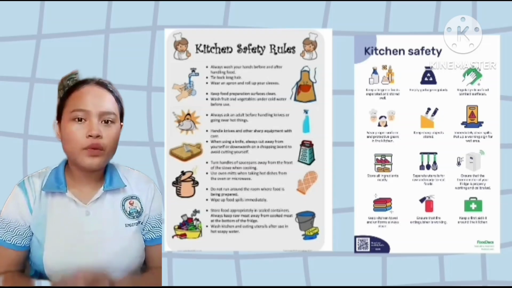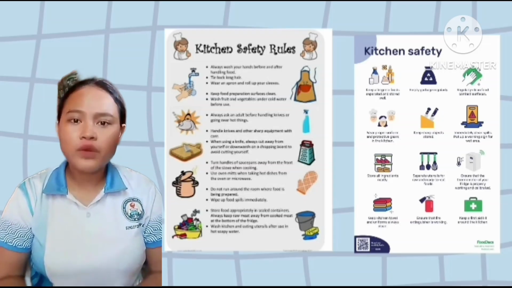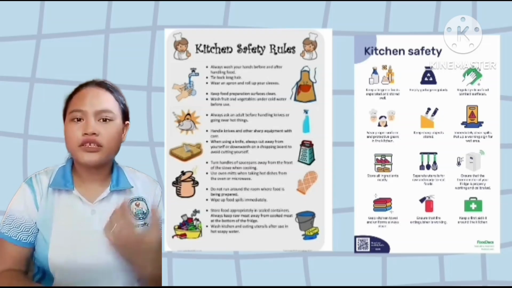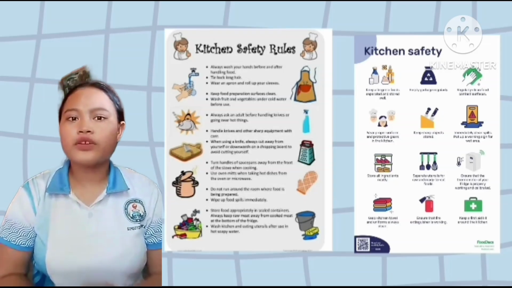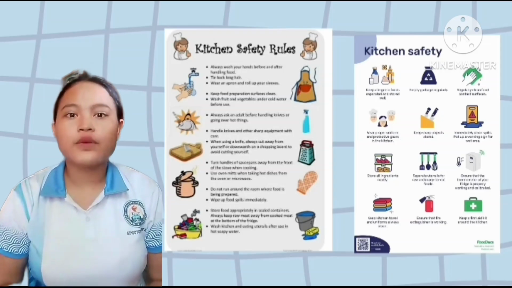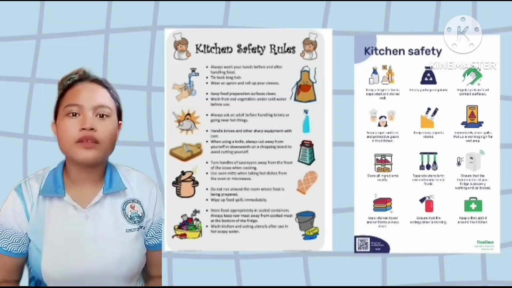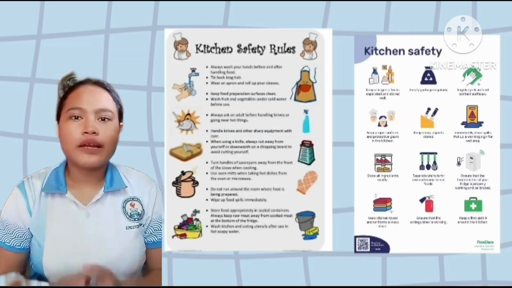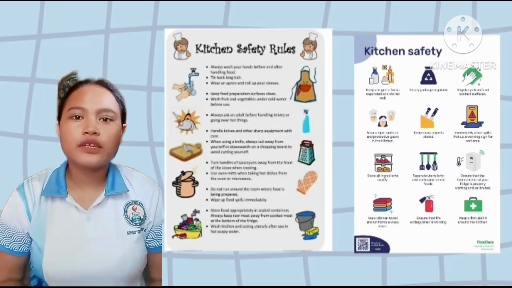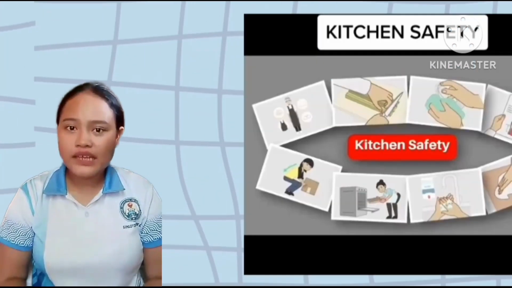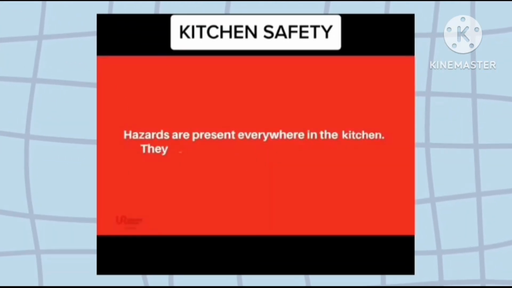By interpreting the posters, students connect the symbols to real-life practices such as washing hands before cooking or using oven mitts when handling hot pans. This not only reinforces safety habits but also their ability to understand and apply visual cues in other contexts, both inside and outside the classroom.